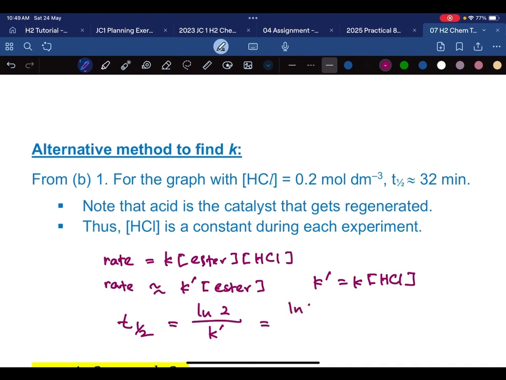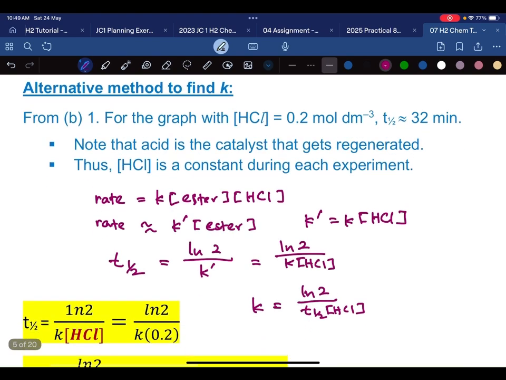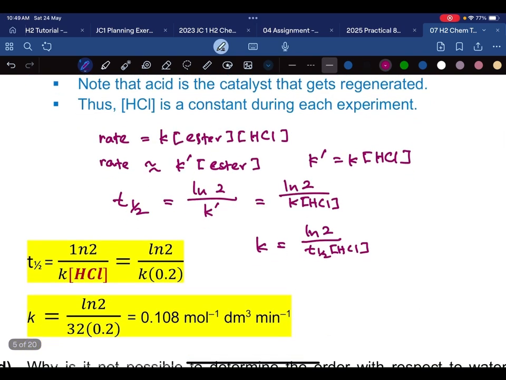But our actual K is K times HCl concentration. So I can now work out what is my K value. My K is simply ln 2 over T half times concentration of HCl. And here it is 0.108, and our rate constant K is per mole dm cube per minute.